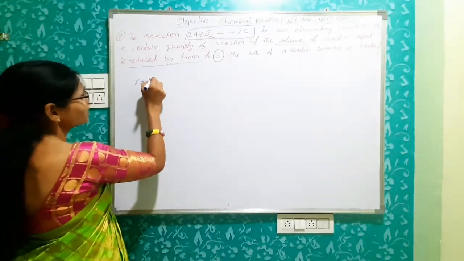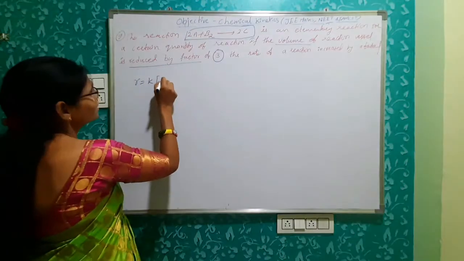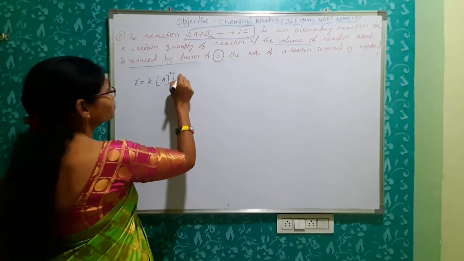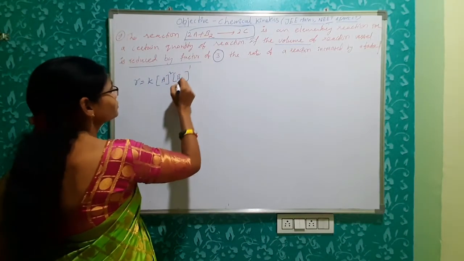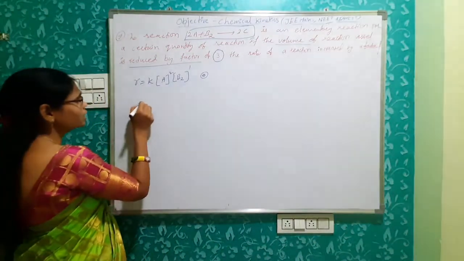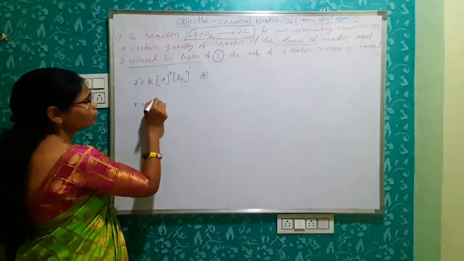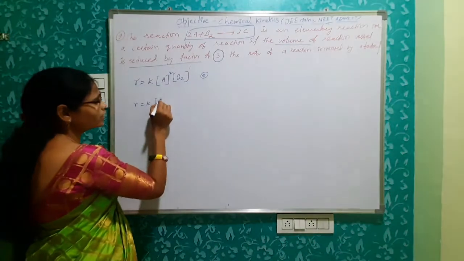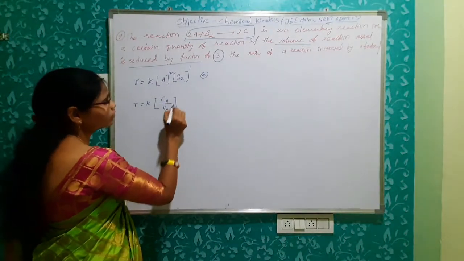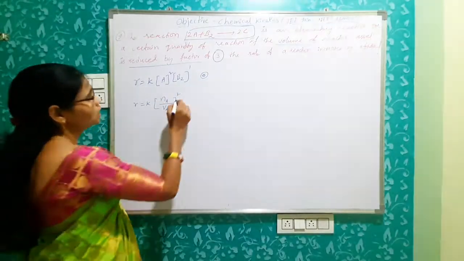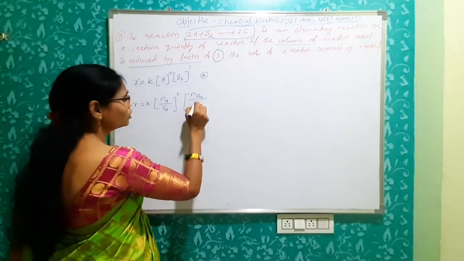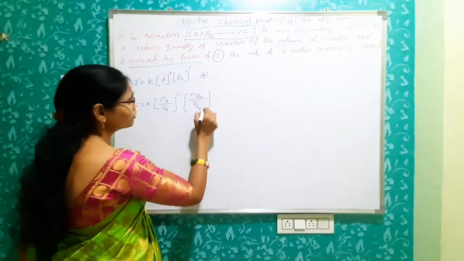R equals K into concentration of A power 2, concentration of B2 power 1. This is also written as R equals K into the number of moles of A by volume of A power 2, and the number of moles of B2 by volume of B2 power 1.